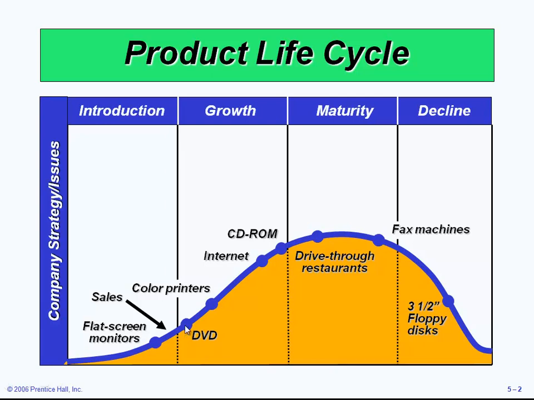For the DVD here, that was back in 1999 or the beginning of 2000. The DVD was a startup or in the growth. The CD-ROM was almost at the end of the growth, while the 3.5 floppy disk was in decline, with a decreasing number of 3.5 floppies in the market.